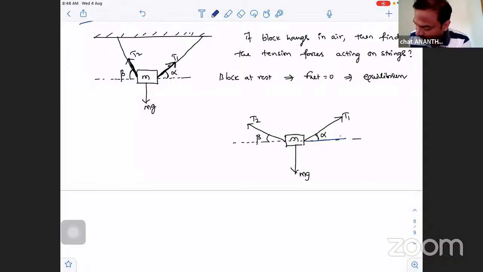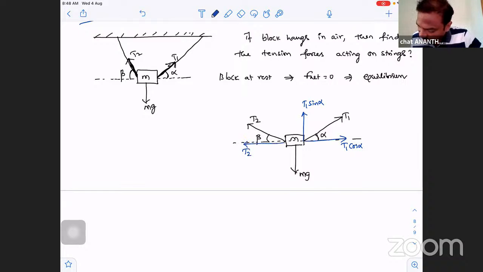Now T1 I'm making into components, which I write as T1 cos alpha and T1 sin alpha. T1 cos alpha will try to pull the body in the rightward direction. T1 sin alpha will try to pull the body in the upward direction. T1 I split into 2 components, T1 cos alpha and T1 sin alpha.